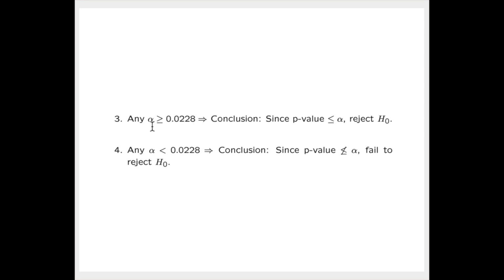And so for any value of alpha greater than or equal to 0.0228, we would reject the null hypothesis. If alpha is any value strictly less than 0.0228, then we would fail to reject the null hypothesis because for that alpha, the p-value would not be less than or equal to alpha.